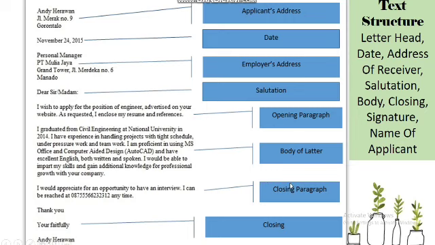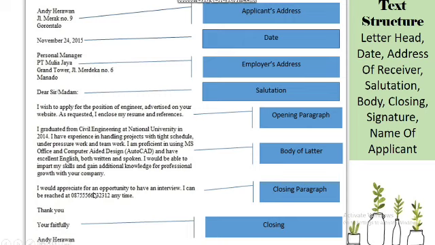Kemudian closing paragraphnya adalah I would appreciate an opportunity to have an interview. I can be reached at 0875566232312 anytime ya. Ini dia menyampaikan bahwa dia akan sangat senang jika mendapat kesempatan untuk bisa diinterview dengan memberikan nomor telepon.